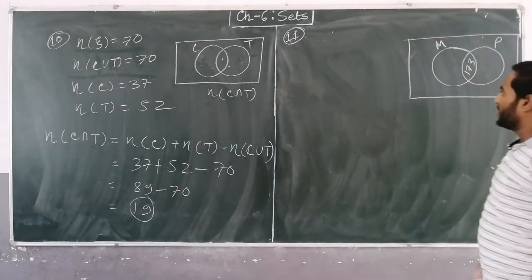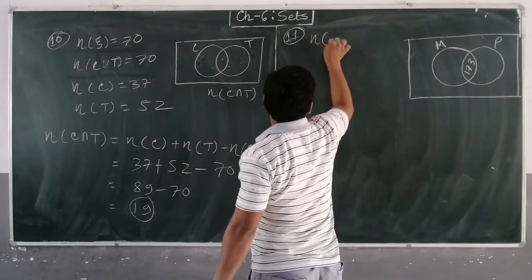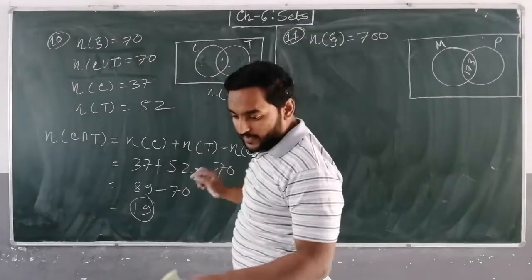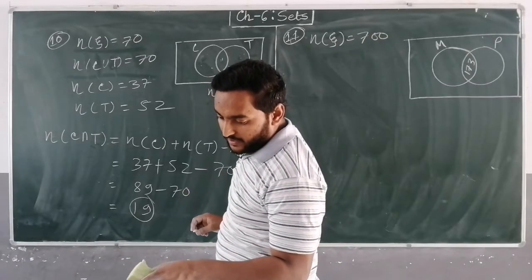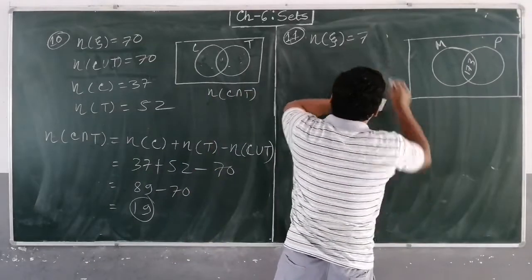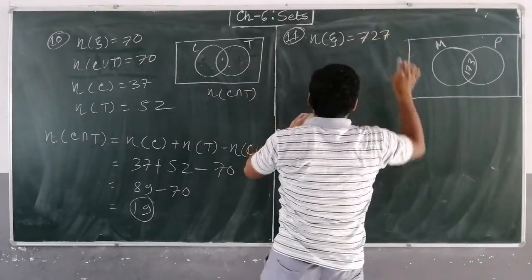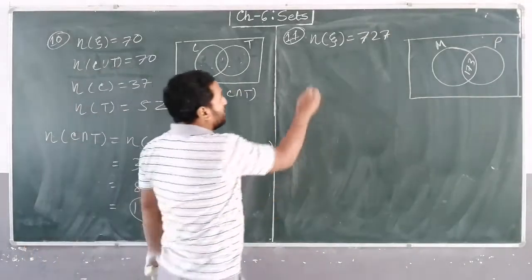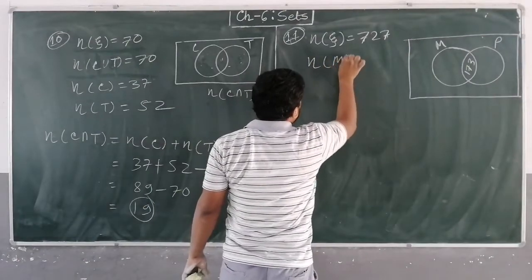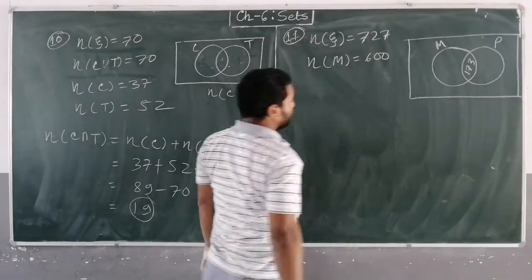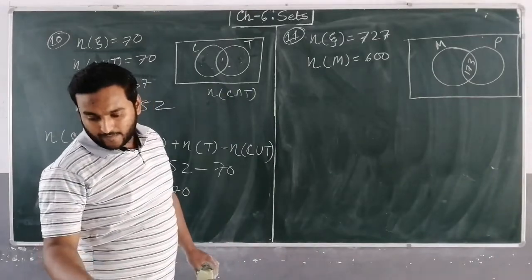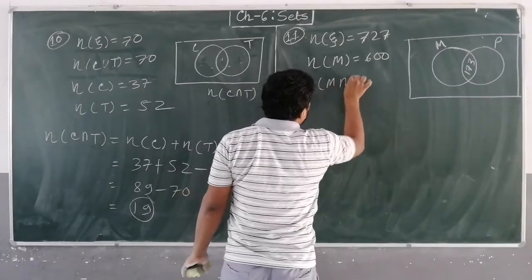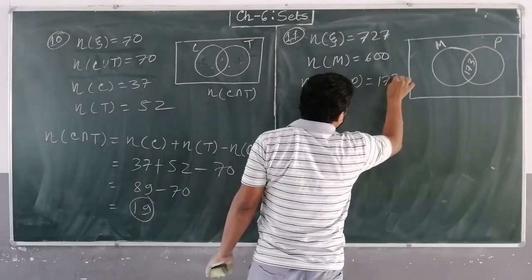Total number of students n of xi is 727. So the number of students who offer mathematics equals 600, and the cardinality of M intersection P equals 173.